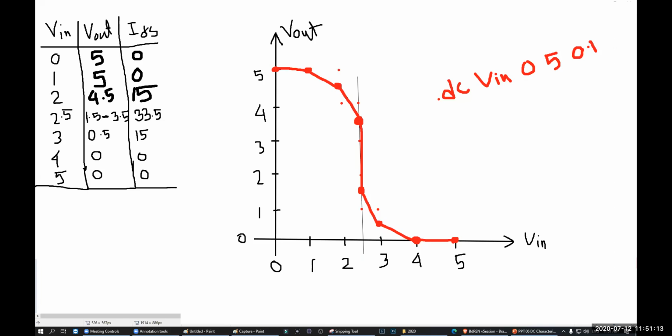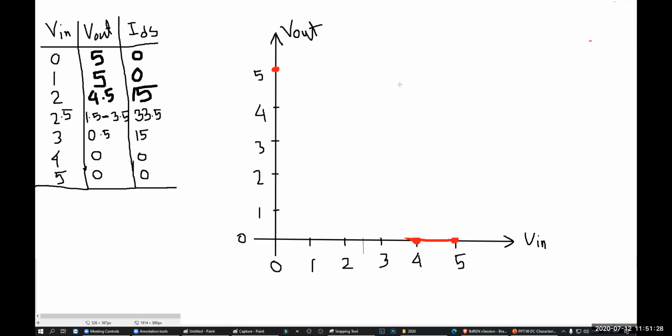Now the IDS graph. Again, this is very simple. You can hide it like this. Choose a different color, let's say blue. Now, for IDS, you can hide the label.